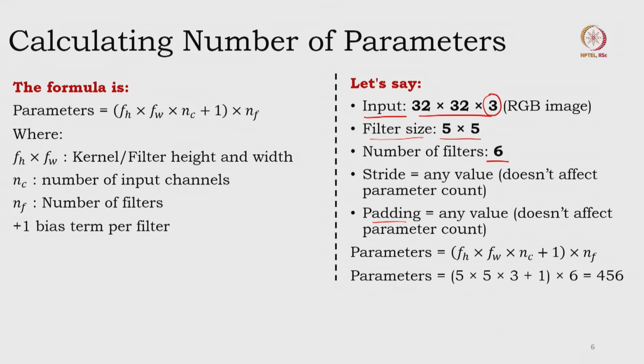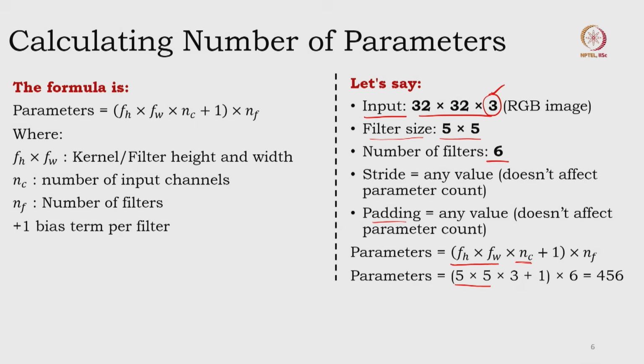So, what is the formula used for calculating this? The formula is FH into FW, that is the kernel or filter height and width. Here it is 5 cross 5. Okay. Then the number of channels. You get the number of channels from the input. If you are considering an RGB image, the number of channels here is 3.